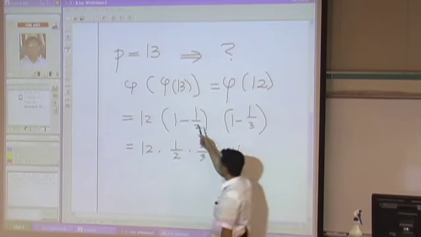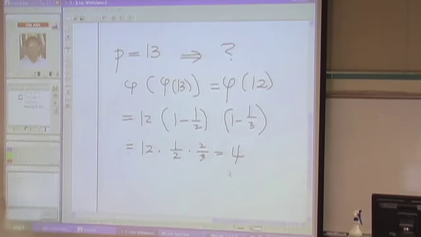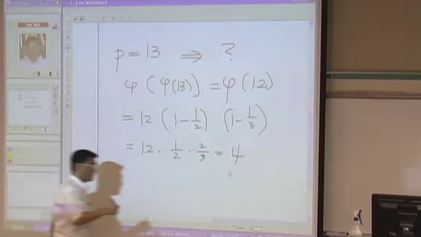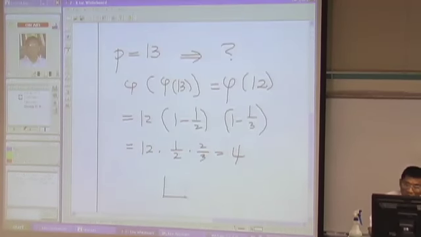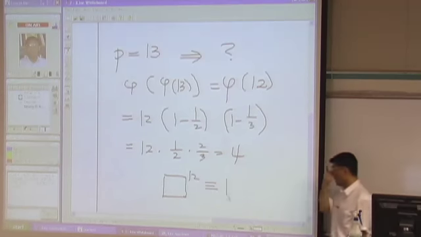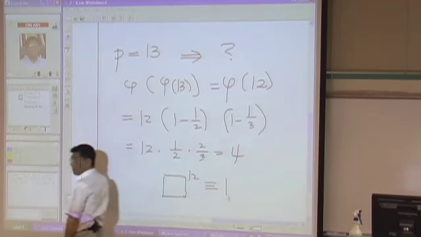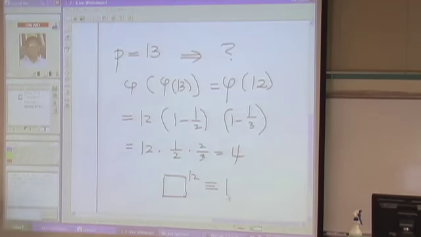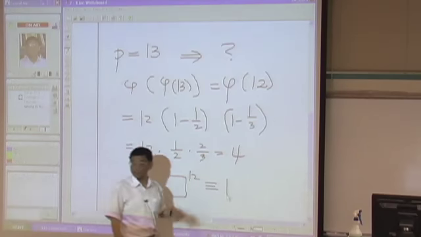In other words, when p equals 13, we will find 4 incongruent numbers whose order mod 13 is 12, and it doesn't happen before 12.